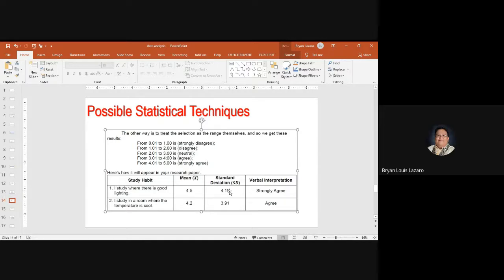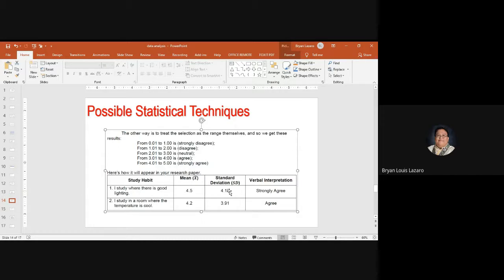Sabi ko kanina, kapag mas malaki si standard deviation kay mean, ang interpretation sa research ninyo, the data is spread out. Mas spread siya. Pero kapag naman mas mababa siya, ibig sabihin, your data is closely packed together. Hindi nagkakalayo yung mga responses, hindi nagva-vary masyado.